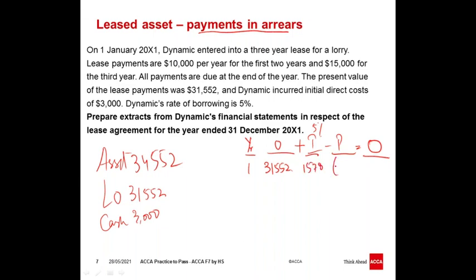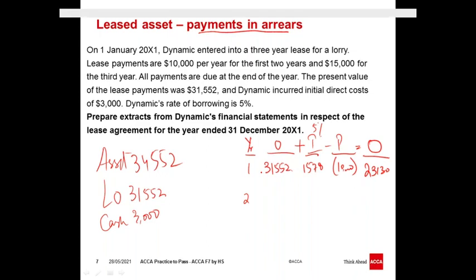Payment will be 10,000. And the obligation at end will be 31,552 plus 1578 minus 10,000. So it will be 23,130.